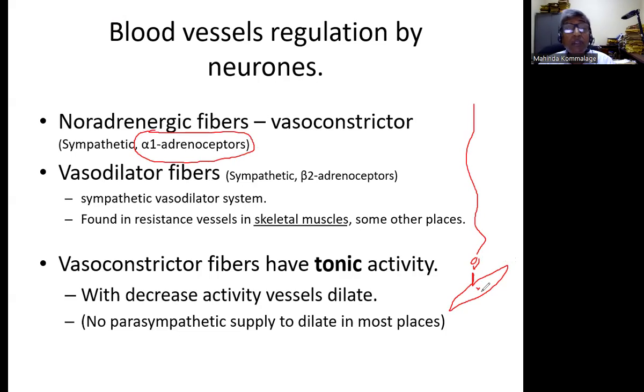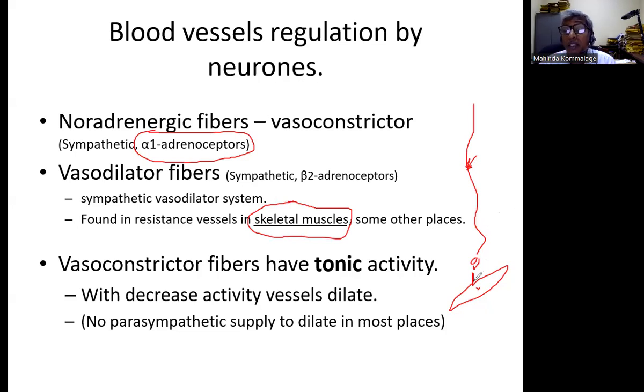At the same time, we have vasodilatory fibers also. So this is basically what we call the vasoconstrictor fiber. Some places, especially skeletal muscles, will get adrenergic, that means sympathetic, vasodilatory fibers.